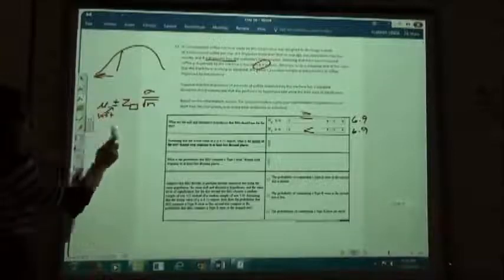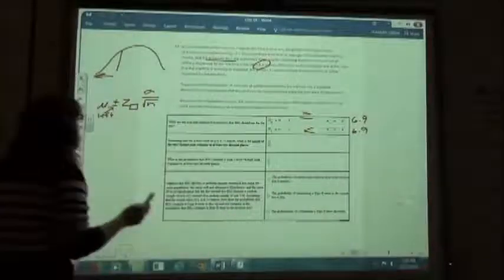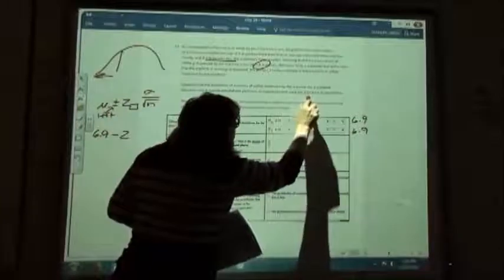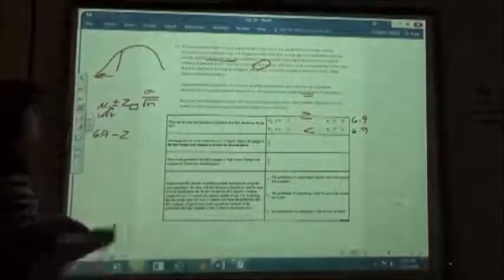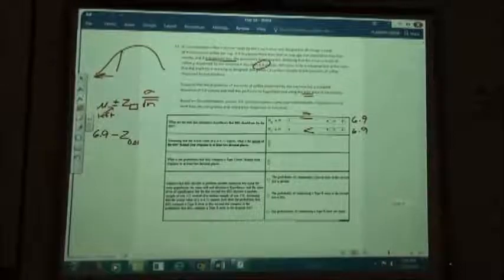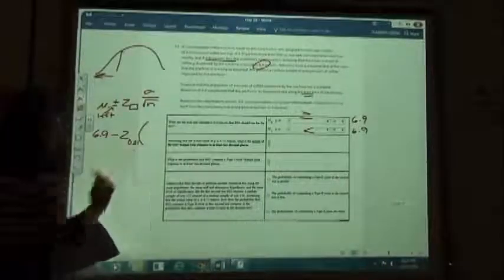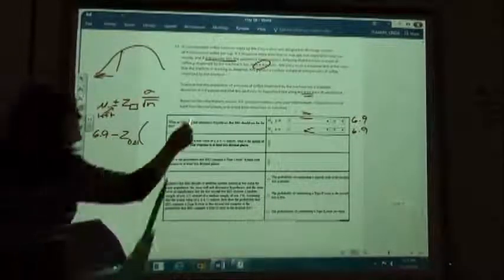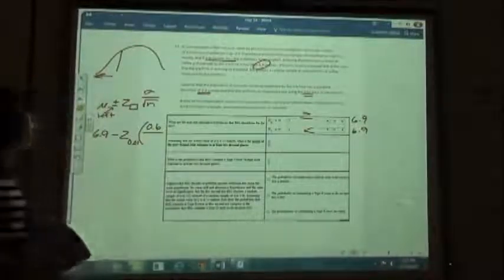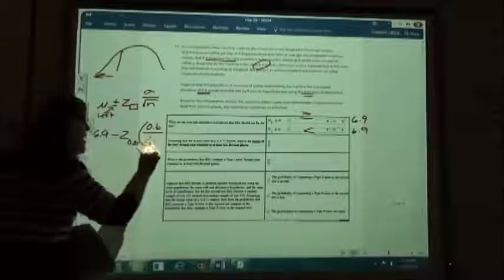So, the mean that I'm comparing it to is 6.9, minus z sub the significance level, which is that number there, 0.01. My standard deviation is 0.6 over the square root of n.